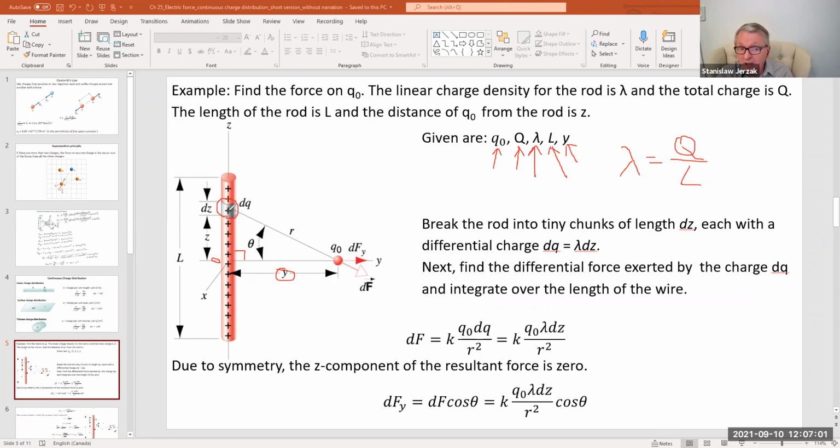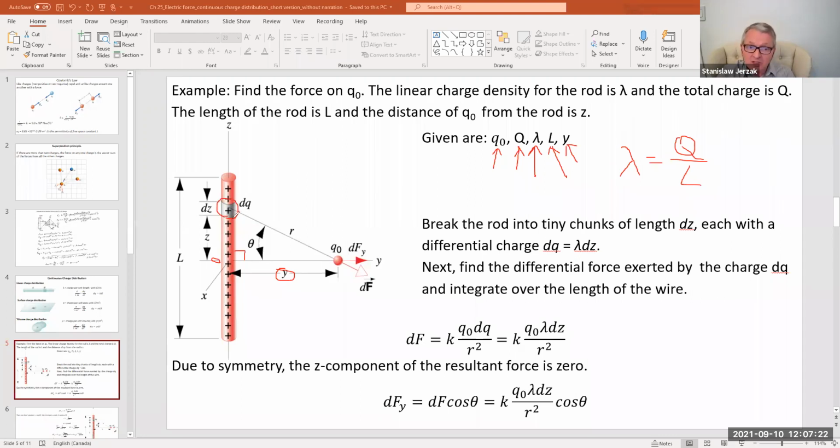You select that element dq in an arbitrary position, because that will help you reveal different relations between different variables. So don't select dq in the middle or at the ends, just at an arbitrary position.